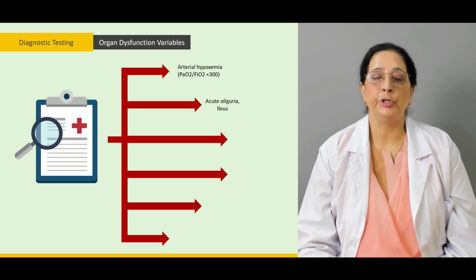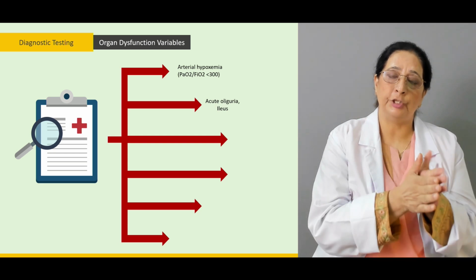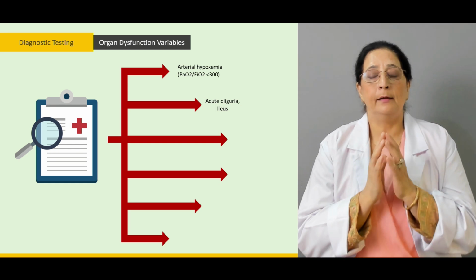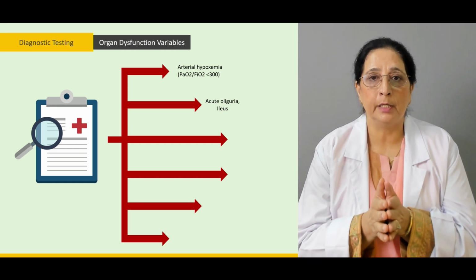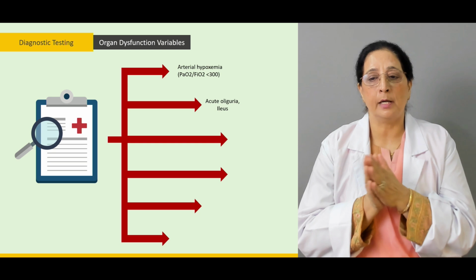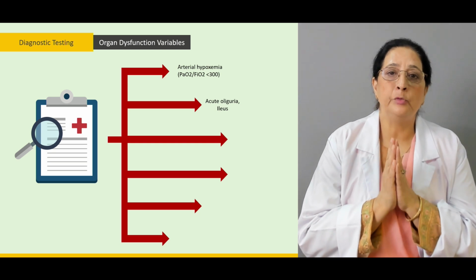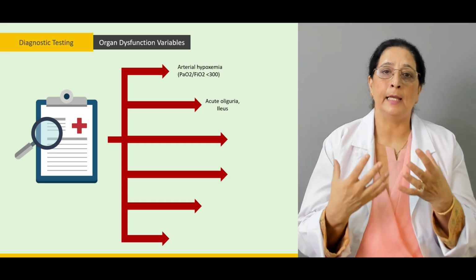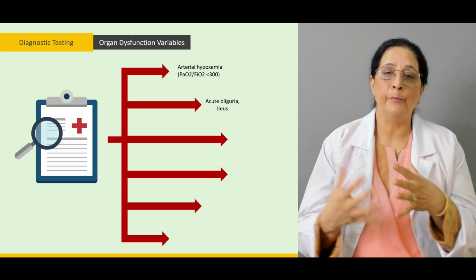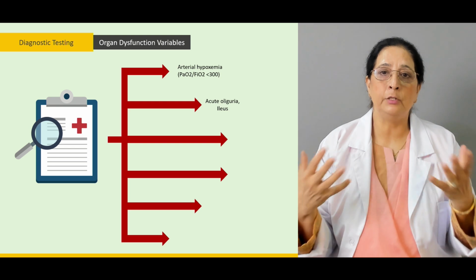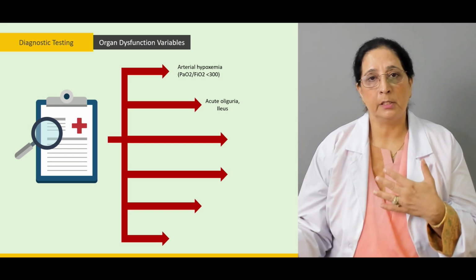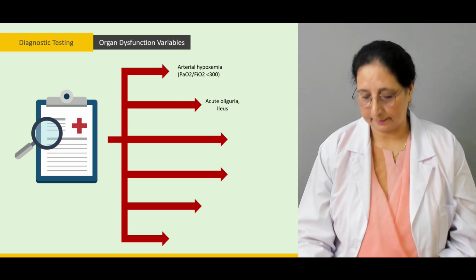Acute oliguria, because, as we mentioned, there is decreased glomerular filtration rate, acute oliguria can occur, no urine output. And there might be ileus. As a result of inflammation, there is ileus, there is no movement of the intestine, leading to abdominal swelling, paralytic ileus.